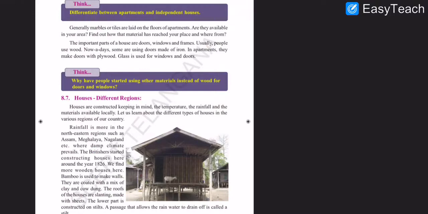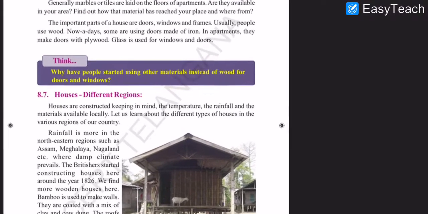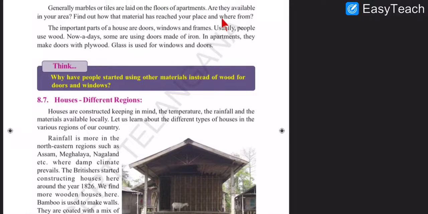See in your textbook page number 99. Generally marbles or tiles are laid on the floors of apartments. Are they available in your area? Find out how those materials have reached your place and where from.